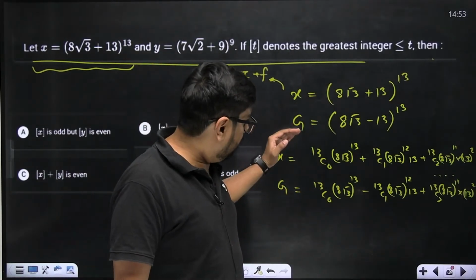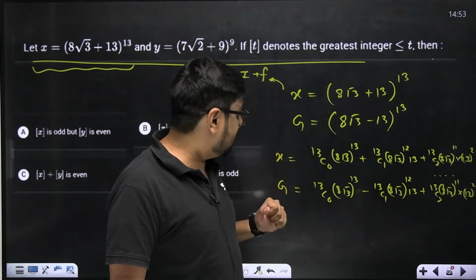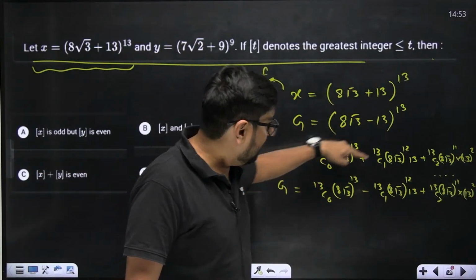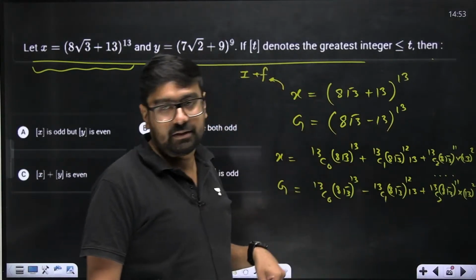Sir, I think we should do x minus g. Then only these odd-power parts will get cancelled, no?